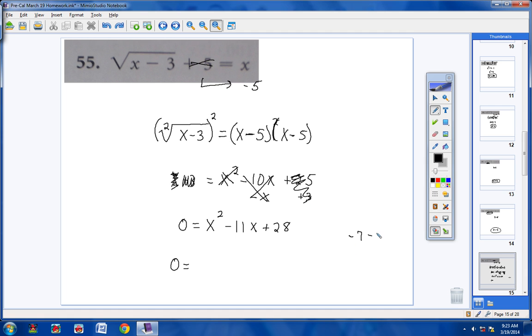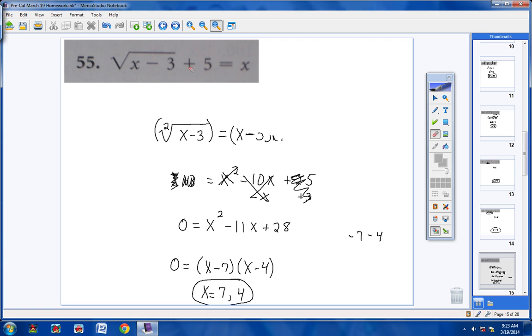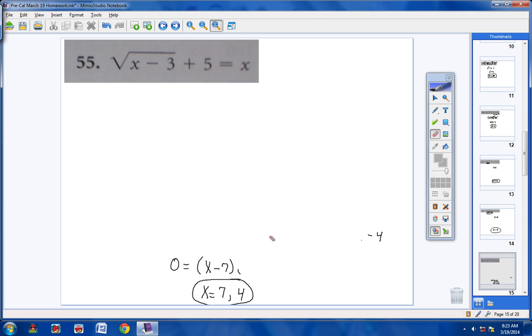If you multiply these two numbers together, you will get a positive 28, and if you combine those two numbers, you'll get a negative 11. So the factorization is going to be x minus 7, x minus 4. Now if you take each group and set each group equal to 0, you will get x equals 7 and x equals 4. So there would be our two possible answers.